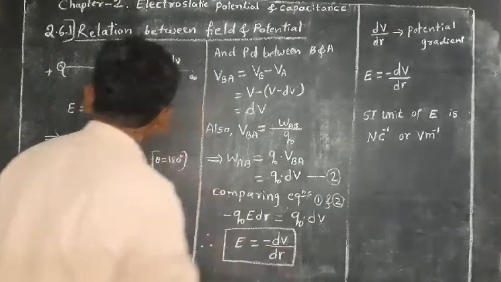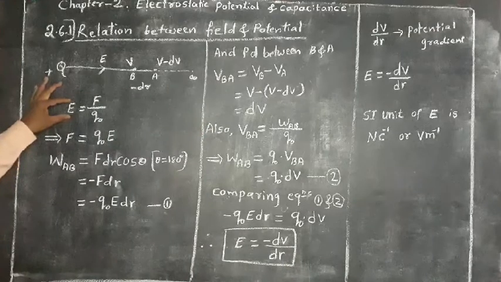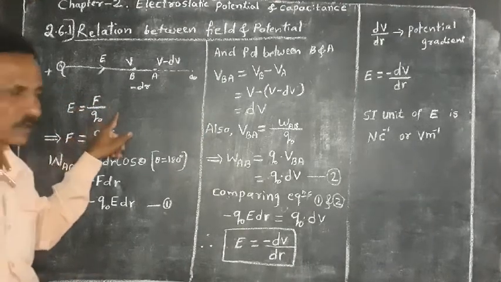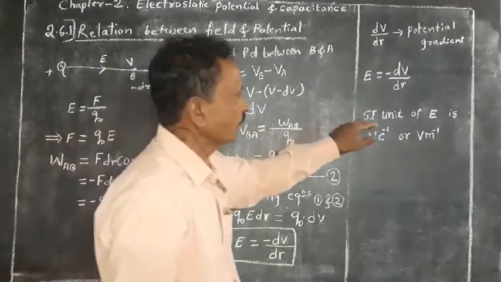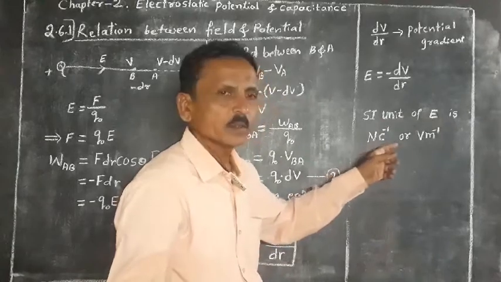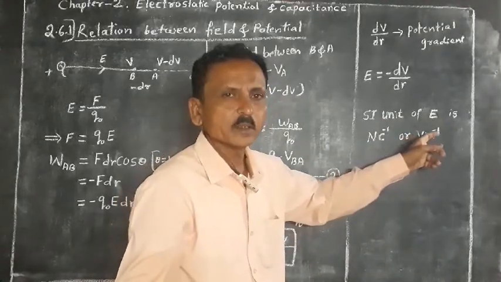The SI unit of electric field is Newton per Coulomb. Hence, the SI unit of electric field is Newton per Coulomb or volt per meter.